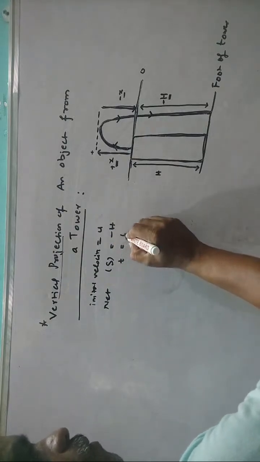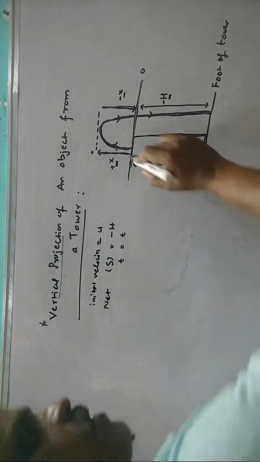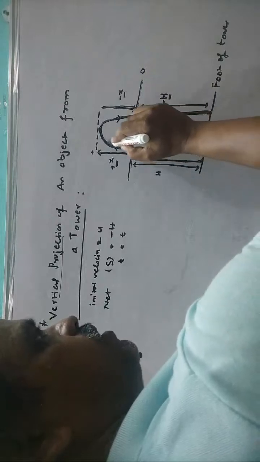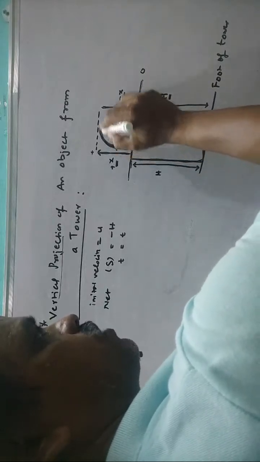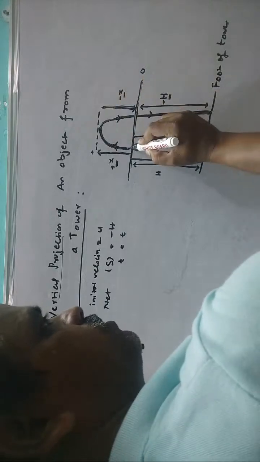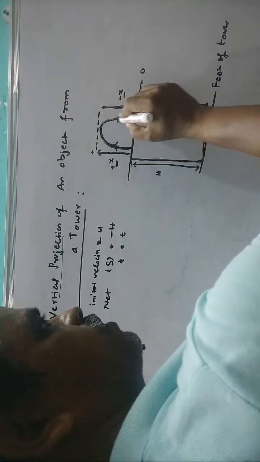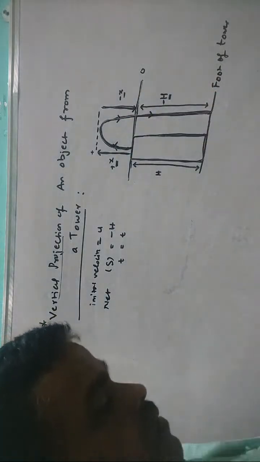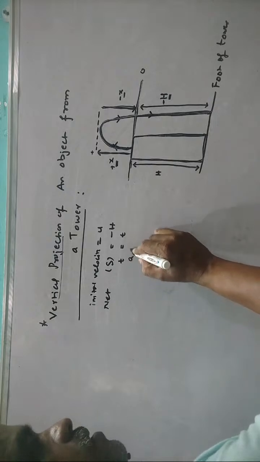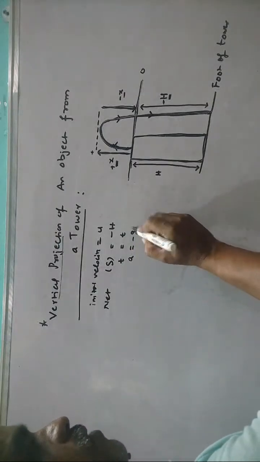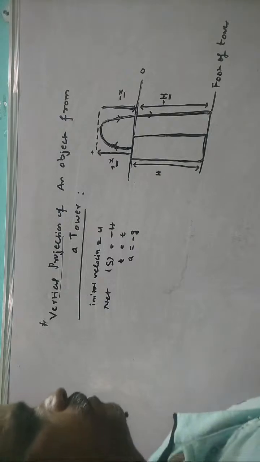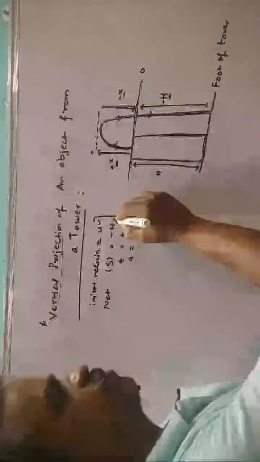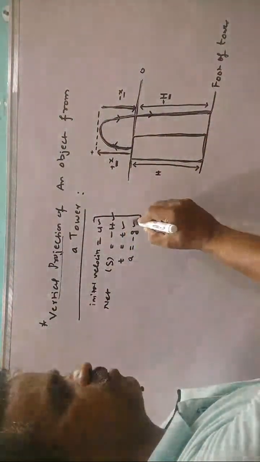Total time taken is t: the total journey, how much time the body takes. If it is projected vertically up from here, then comes to the foot of the tower, the time taken is t. Then acceleration is equal to minus g. Okay, these are the parameters: initial velocity u, displacement minus h, total time t, and a equal to minus g.